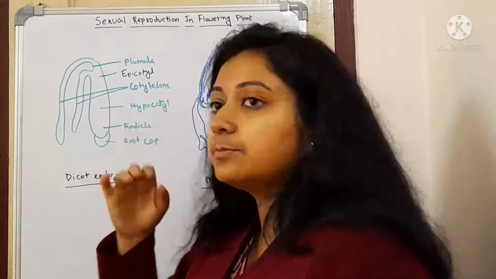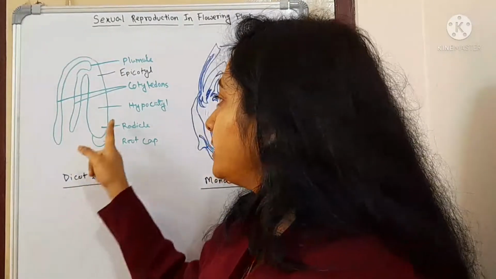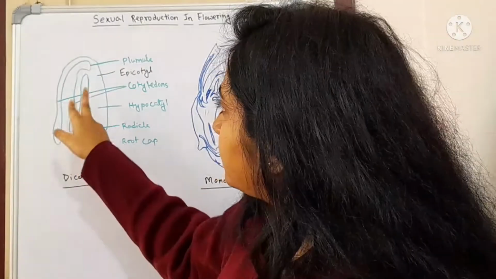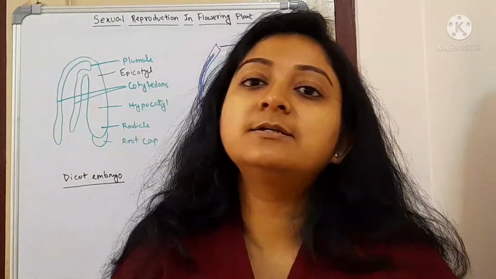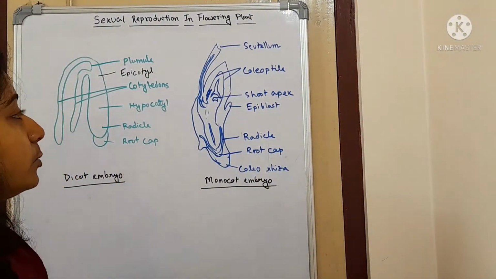The radicle is formed from the lower portion of the cotyledonous axis, which is the hypocotyl, and the root cap is present on the outside portion of the radicle. As the number of cotyledons is 2, this is considered a dicot embryo. Now let's move ahead to the monocot embryo.